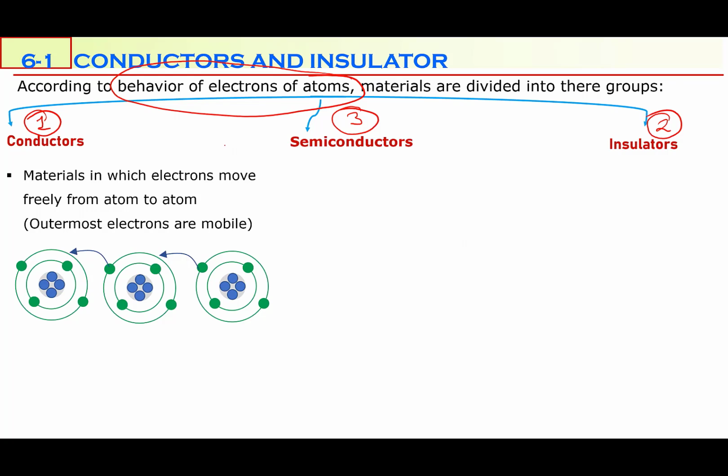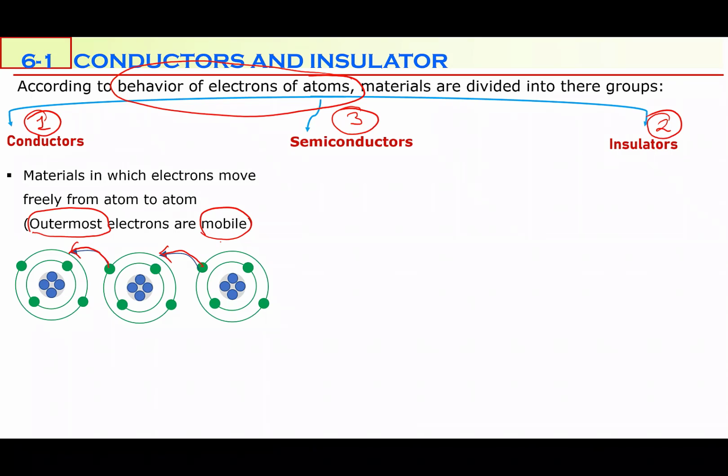But in conductors, the outermost electrons, meaning the electrons at the outer orbit, are able to jump from one atom to the next. So that's why we say that outermost electrons of conductors are mobile. Mobile means they can move from one atom to the next.